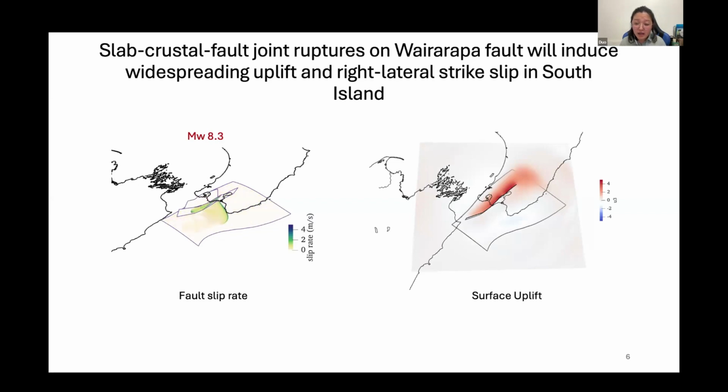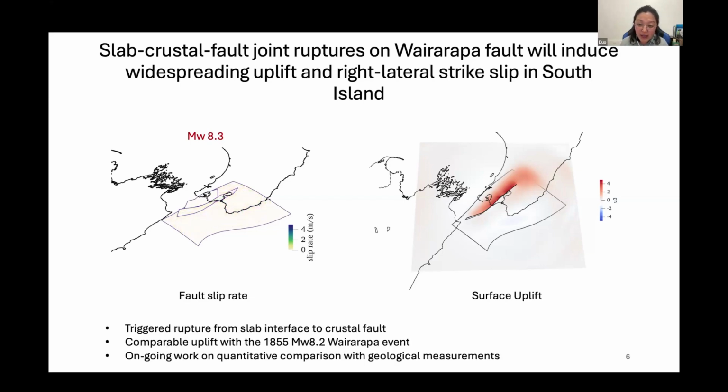As Camilla also pointed out, there are some paleo-earthquake data we can use to confirm or validate if the synthetic rupture scenario can really happen in history. Actually this uplift is widespread in the North Island, and it's up to 5 meters, which is quite comparable with the 1855 magnitude 8.2 Wairarapa event.